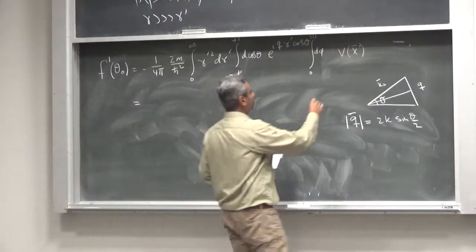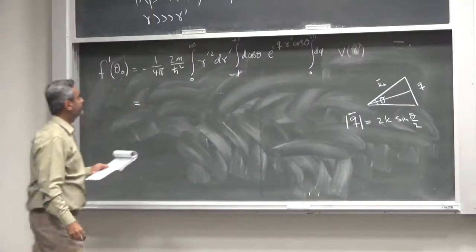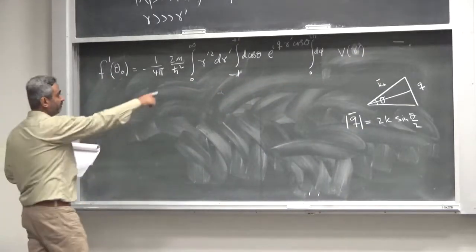Since we're talking about spherically symmetric, this just becomes V of r. Otherwise, you won't be able to do this.